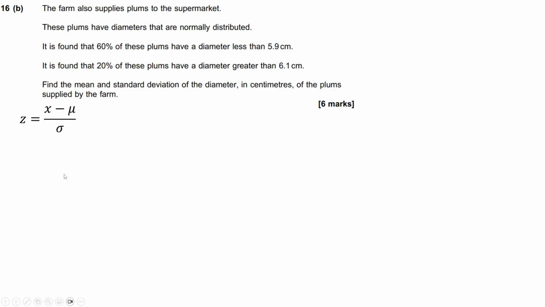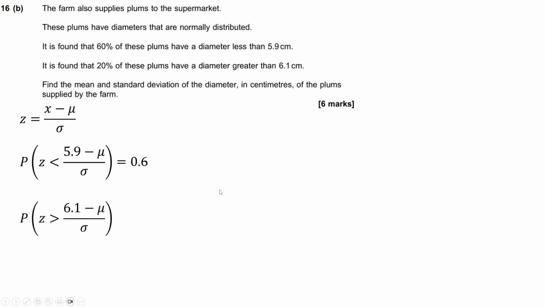Now the probability that z is less than that specific z value corresponding to the standard normal distribution curve, that's apparently 0.6. And the probability that z is greater than this observed event is 0.2.